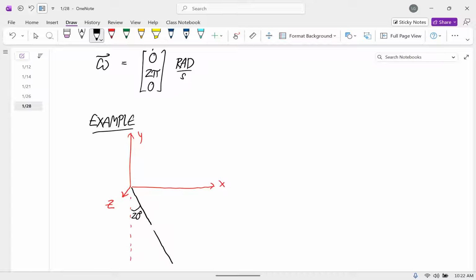And the rotation is like this. And let's say that the rotations are happening at 5 rotations per second.